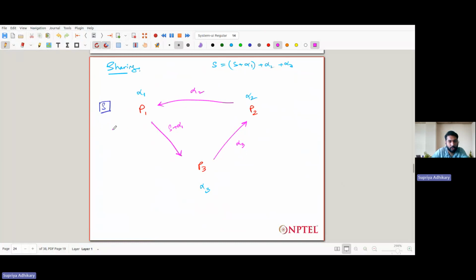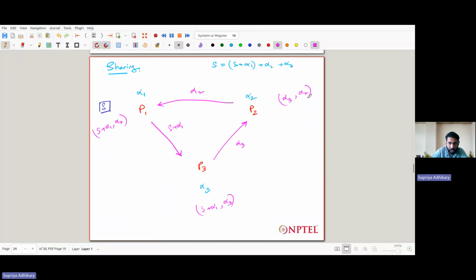Now P1 would hold S plus alpha 1, comma alpha 2. P3 would hold S plus alpha 1, comma alpha 3. And P2 would hold alpha 3, alpha 2.